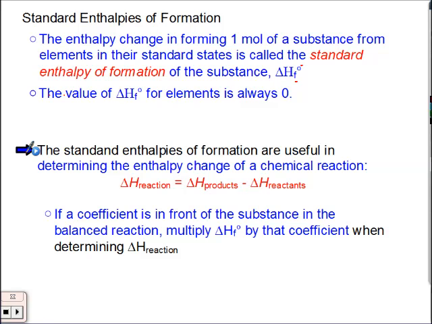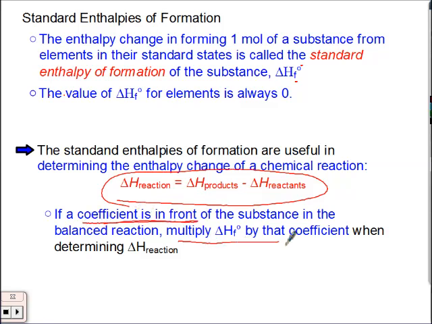But now we're going to boil it down to an easier form of using Hess's law, which means that if I know the enthalpies of formation for the substances, I can use them to find the enthalpy of the reaction using this formula. If a coefficient is in front of a substance, I have to multiply by that coefficient. So make sure you notice that. If it's got a 2 in front of it, I multiply it by 2.